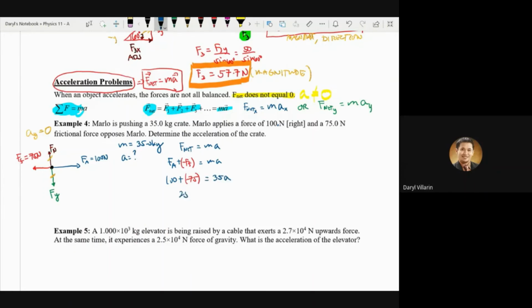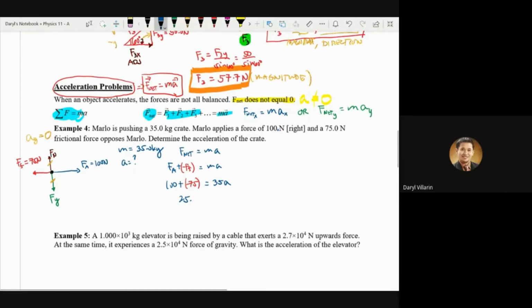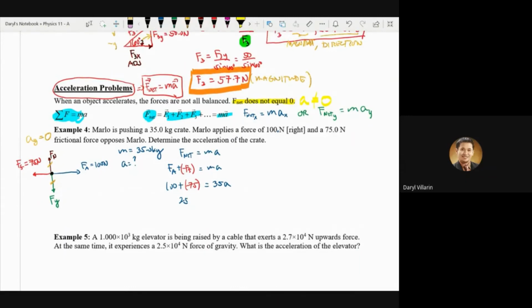This is 25.0. 25 is equal to 35A, and then you divide both sides by 35.